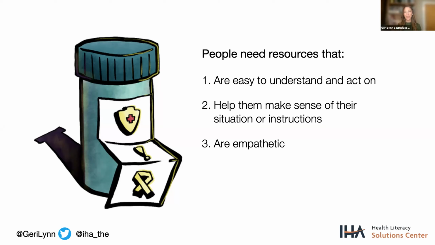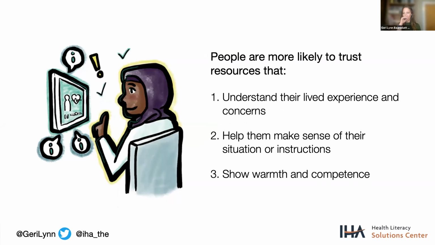So that's a much more rounded idea of what we need. And we don't want to make things too long, but we also want people to understand that we get what they're going through, because people are really more likely to trust resources that understand their lived experiences and concerns. And I think that sounds minor, but it's so important.